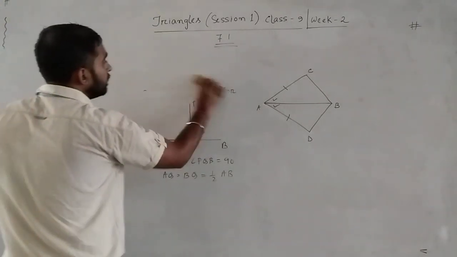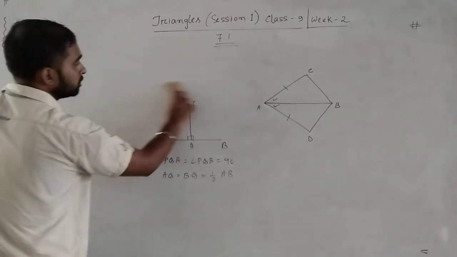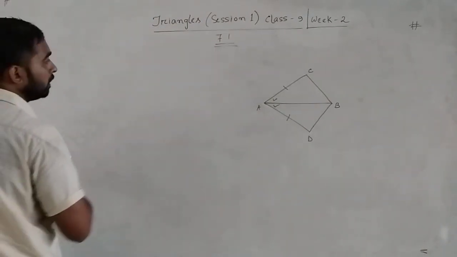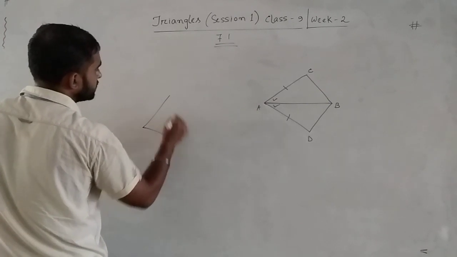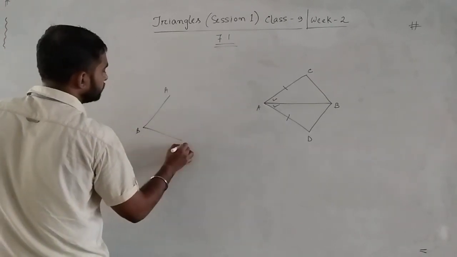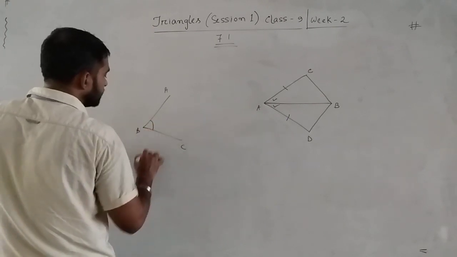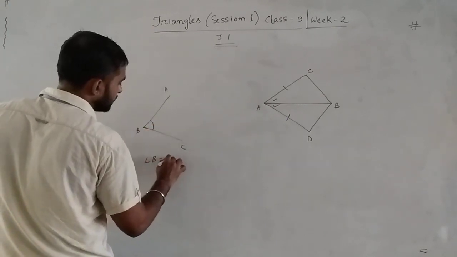Next one is angular bisector. Suppose ABC is an angle where angle B is 60 degrees.